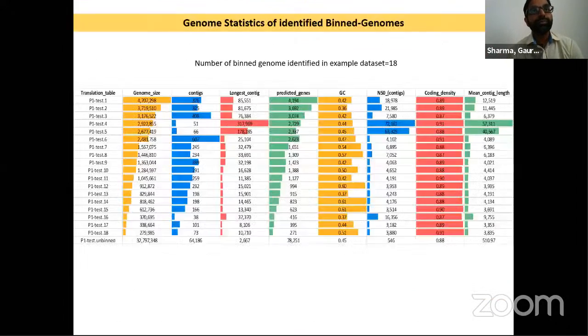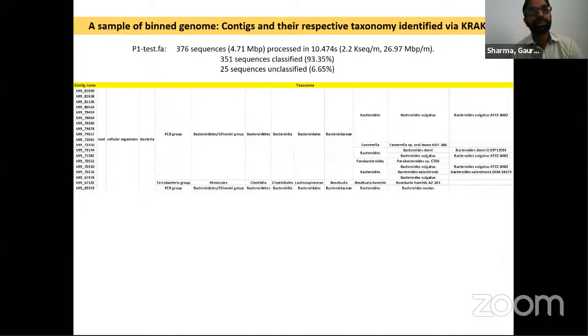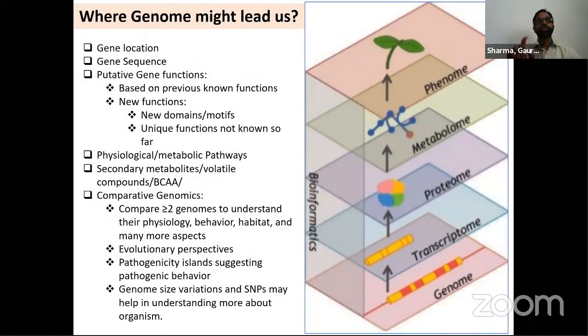I will just quickly show what the whole genome may tell us. It can tell us about different functions or different metabolic pathways we might be interested in, different secondary metabolites, and housekeeping gene pathways, let's say glycolysis, Krebs cycle.